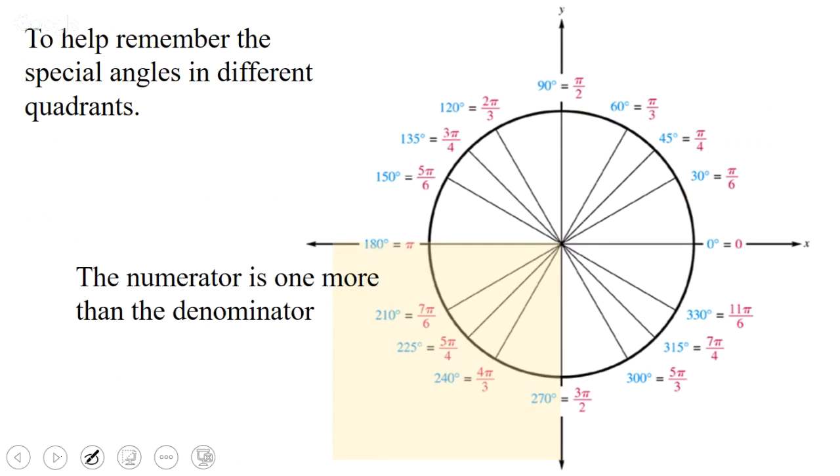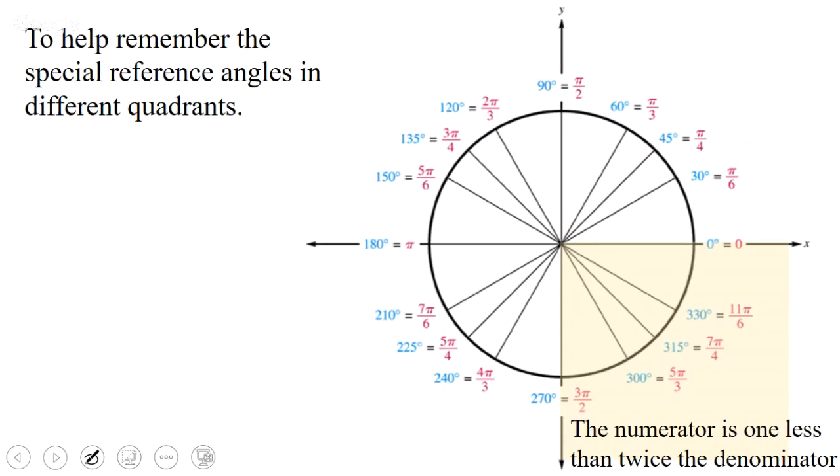And if the numerator is 1 more than the denominator, then I'm in the third quadrant. And if the numerator is 1 less than twice the denominator, I'm in the fourth quadrant.